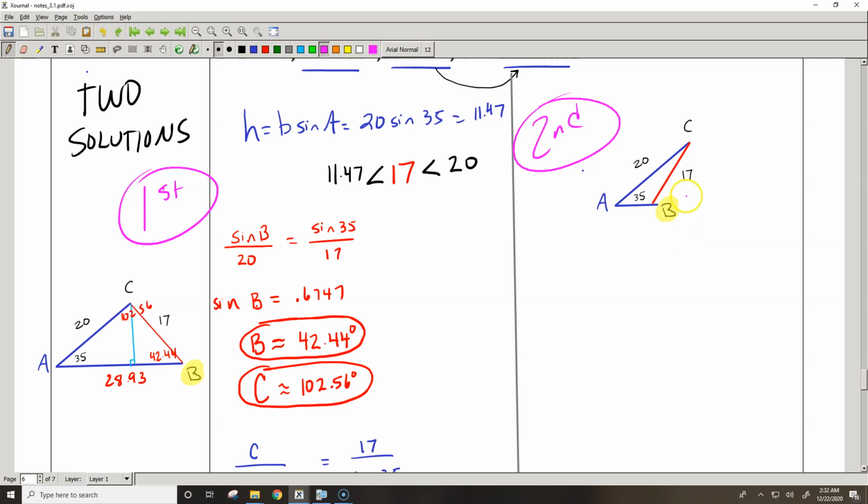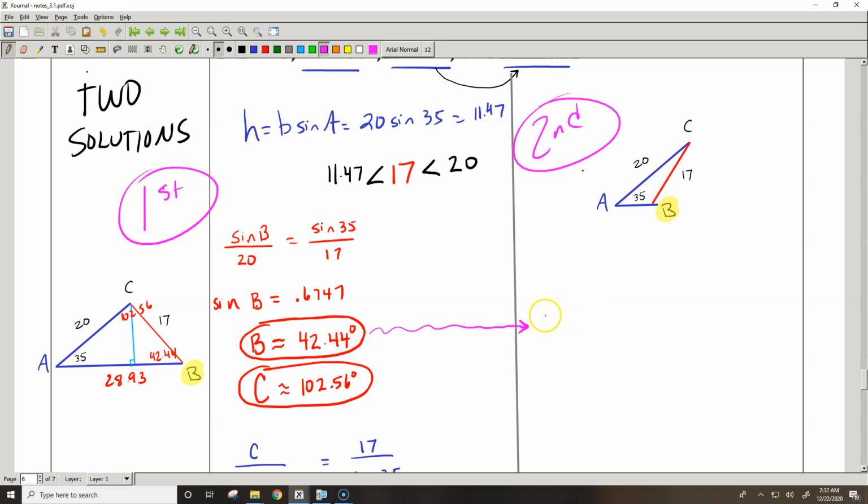So this angle right here is going to be 180 minus what we got for the first angle. So this is how you get your second solution. You take what you have left from that first solution where we found angle B.